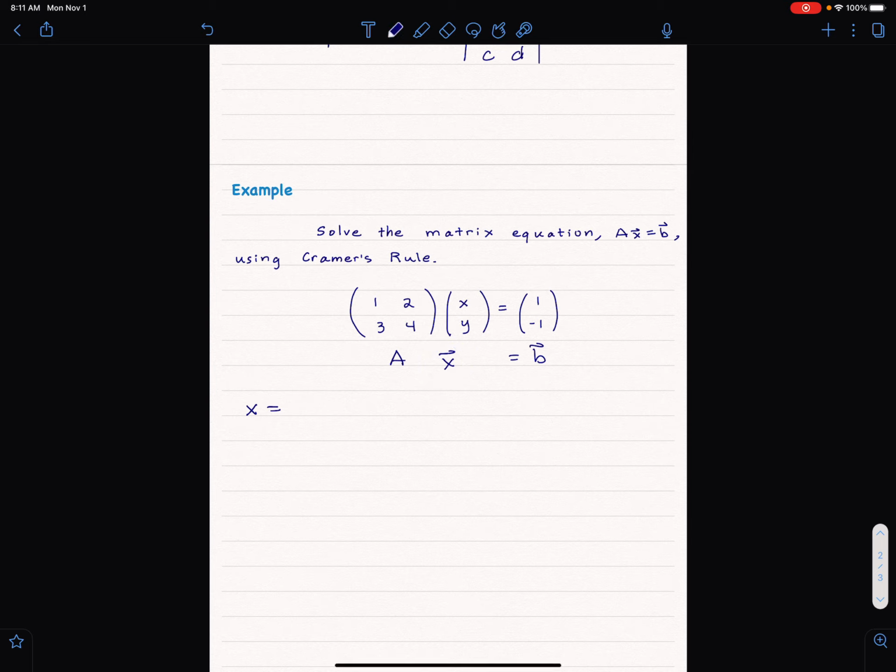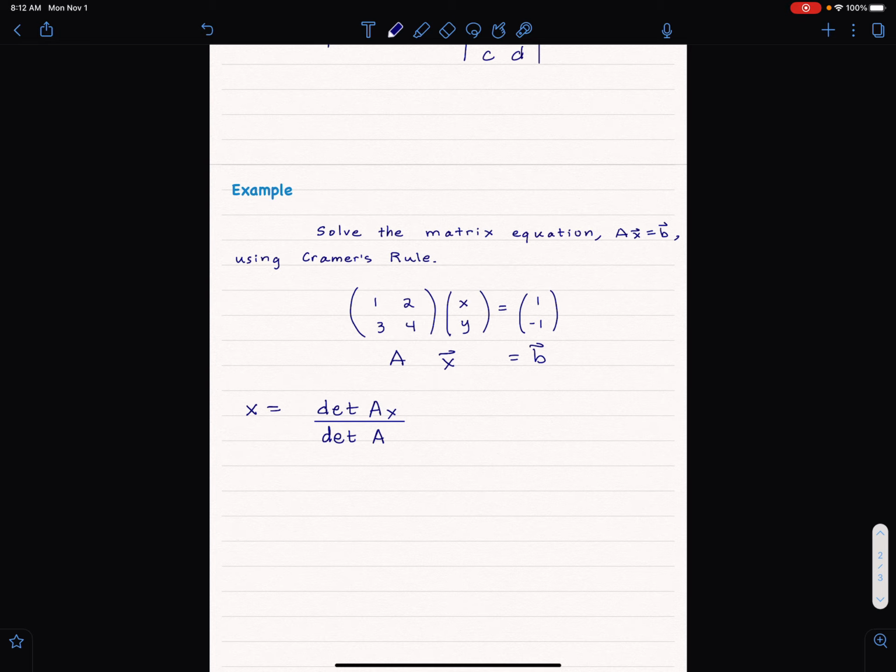All right, so I'm going to start off with X. X will be given by the determinant of AX divided by the determinant of A. Why do I write the word determinant? Just to make it clear that that's what I'm doing. There are 2 different ways, probably more, to express determinant.